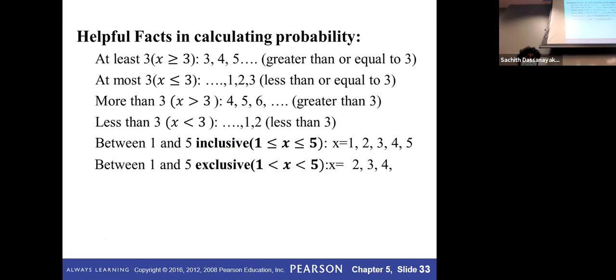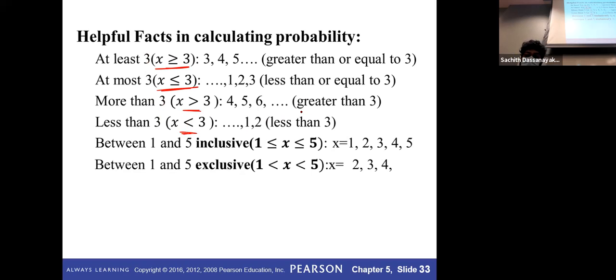Please remember those facts. At least 3 means greater than or equal to 3, bounded by whatever value you have. At most means less than or equal. More than or less than, strictly, means strictly greater than or less than; there is no equal sign.